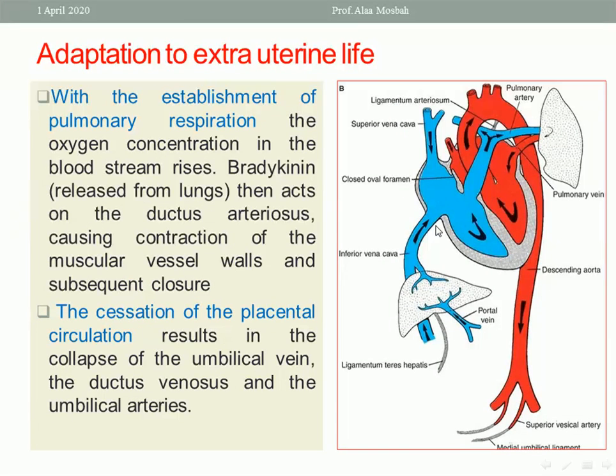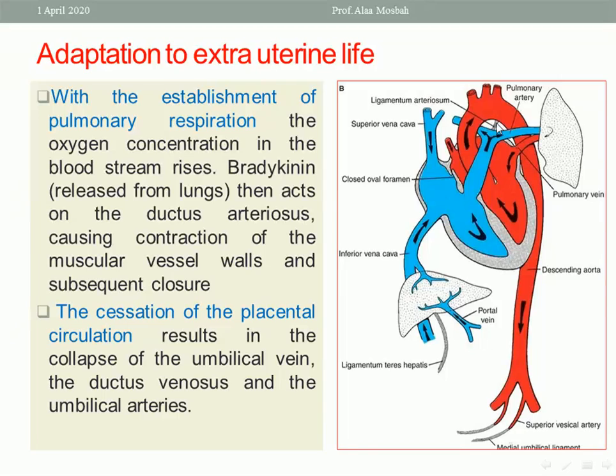Okay, with establishment of pulmonary respiration, the oxygen concentration in the bloodstream rises, and bradykinin released from the lungs then acts on the ductus arteriosus. You remember the ductus arteriosus, which connects the pulmonary artery to the ascending aorta?